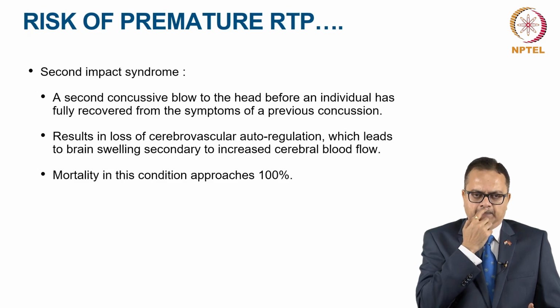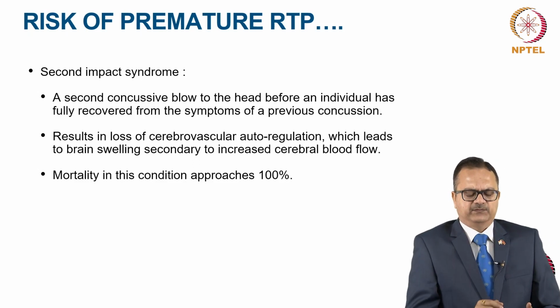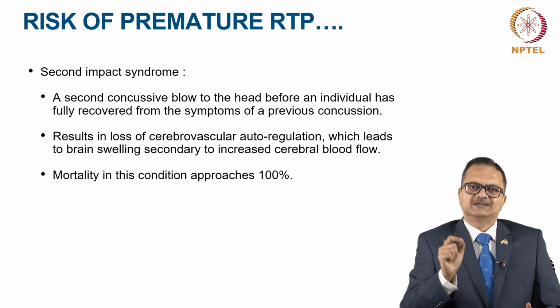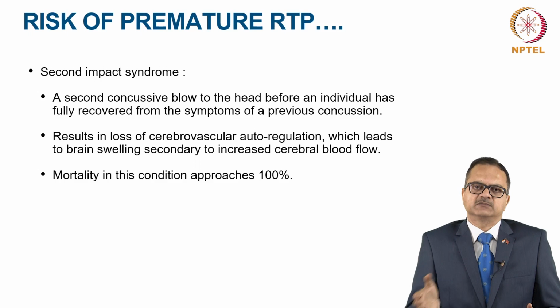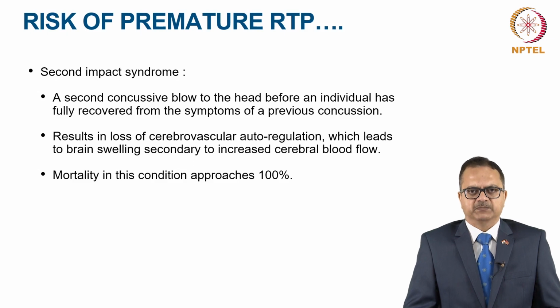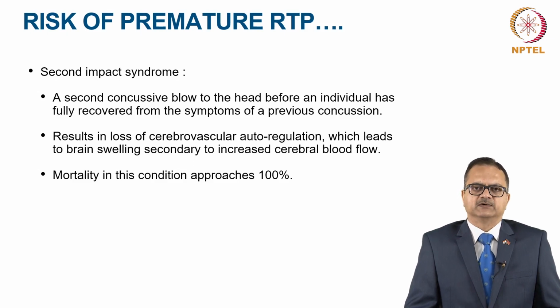Please note, if the individual has got a concussion, and gets a second concussion before the symptoms of the first have resolved, he will develop something called second impact syndrome. The problem with this condition is the mortality is almost 100%. So that is why we have to be very careful in returning these people to sport after a first concussion.